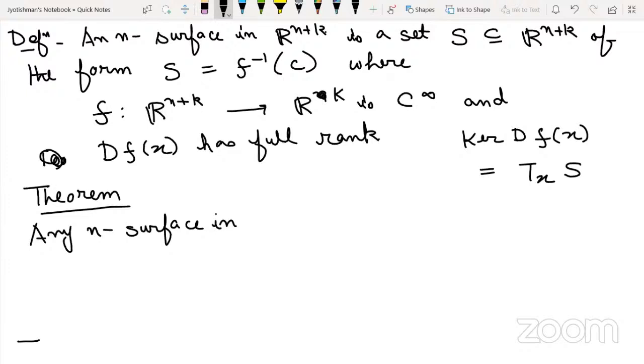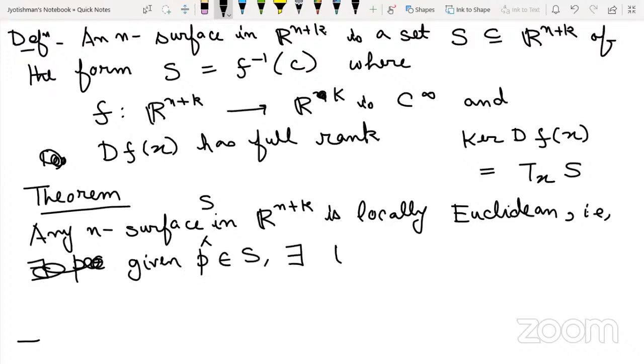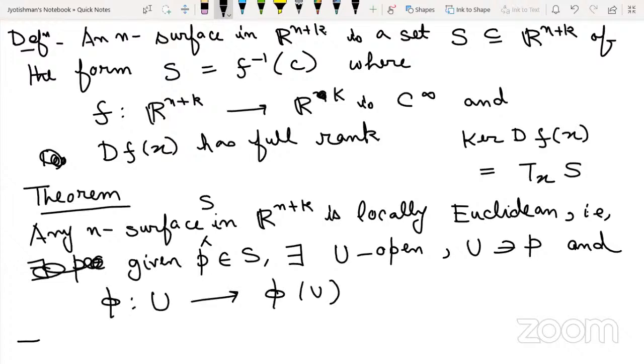So any n surface in R^(n+k) is locally Euclidean, meaning that given p in S, there exists U open, so U contains p, and phi from U to phi(U) contained in R^n, which is open.